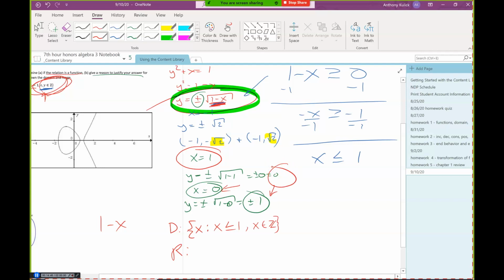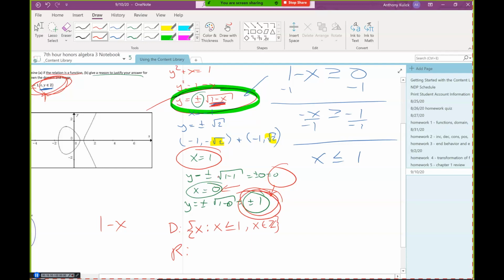Yeah, we found it already, right? When we were searching for our counterexample. Is there a value for x that'll give me a y value of positive 1? Yeah, we found it right there. Is there a value for x that can give me a y value of -1? Yeah, we found it. It's right there also.